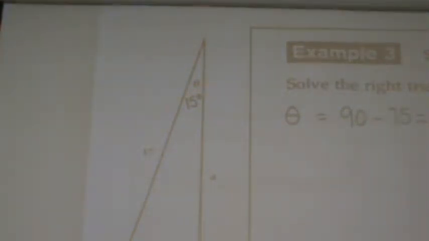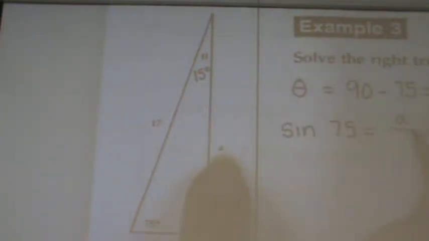Next, let's find side A. How do you find side A? Solve for this. What trig ratio are you going to use? I like sine. Sine of 75 is equal to the side opposite over the hypotenuse.